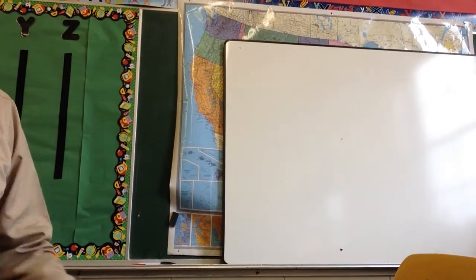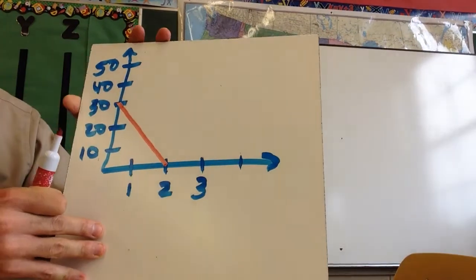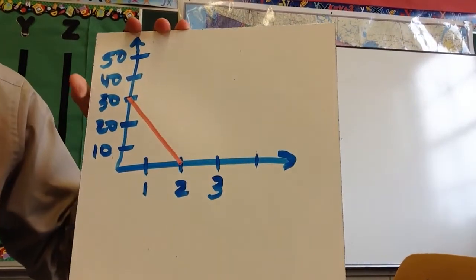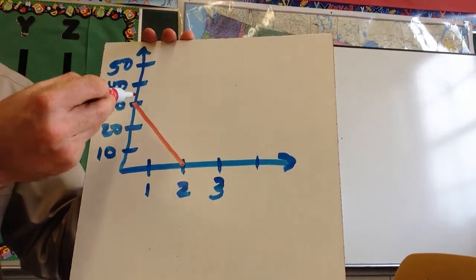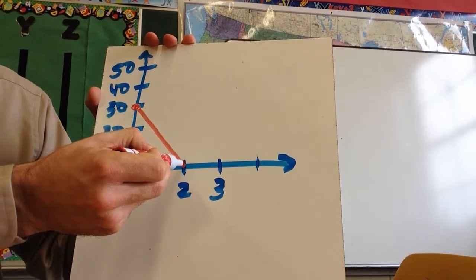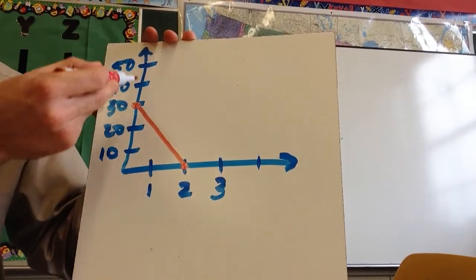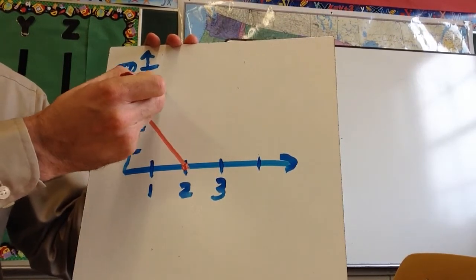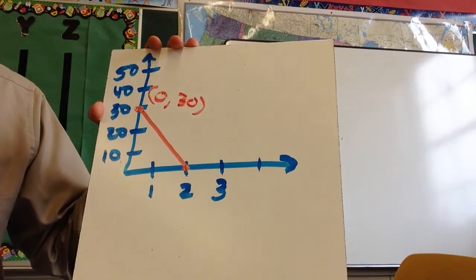All right. Now, next thing we want to talk about is x and y intercepts. If you're looking at a graph, the intercept is where it crosses the x and the y axis. So this is my y-axis, and of course it's crossing at this point. It's my x-axis, and it's crossing at this point. Now keep in mind that x at the y-axis has a value of 0. So this is 0, 30.